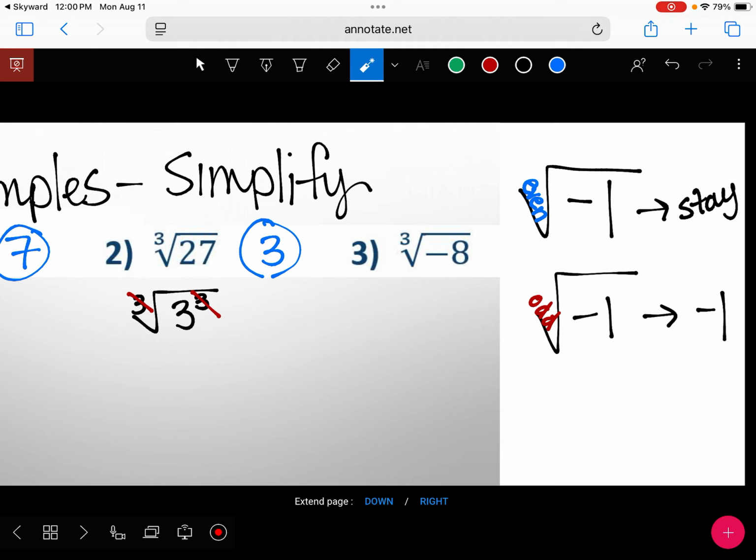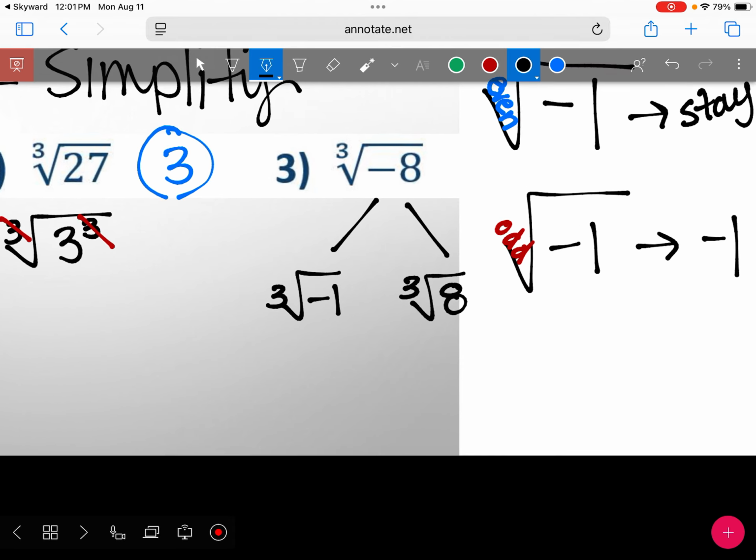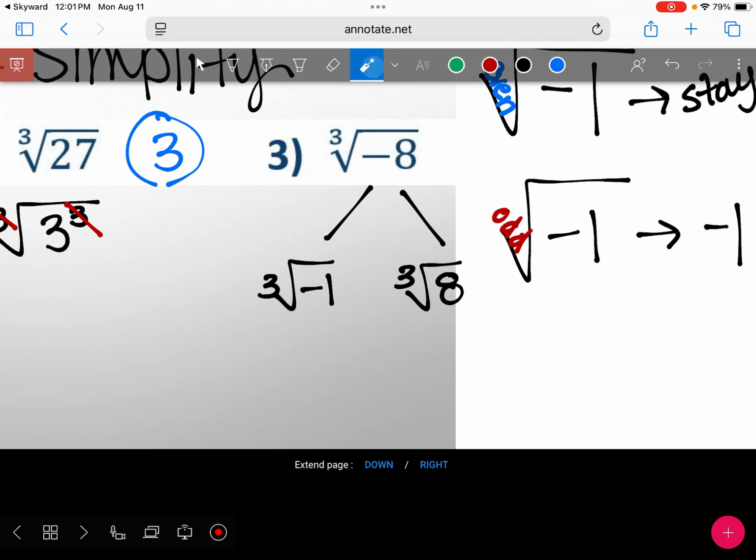So the reason why I wanted to talk about that is in number 3, notice how we have a negative. The first thing you want to do always is separate that. So I'm going to separate this to the cube root of negative 1 times the cube root of 8. You cannot leave a negative under a radical. So is this negative 1 going to come out or is it going to stay?